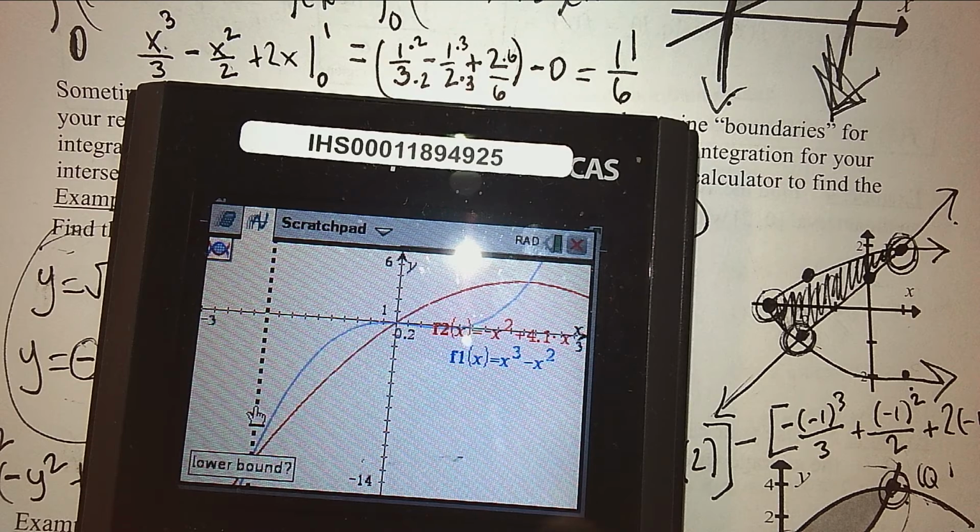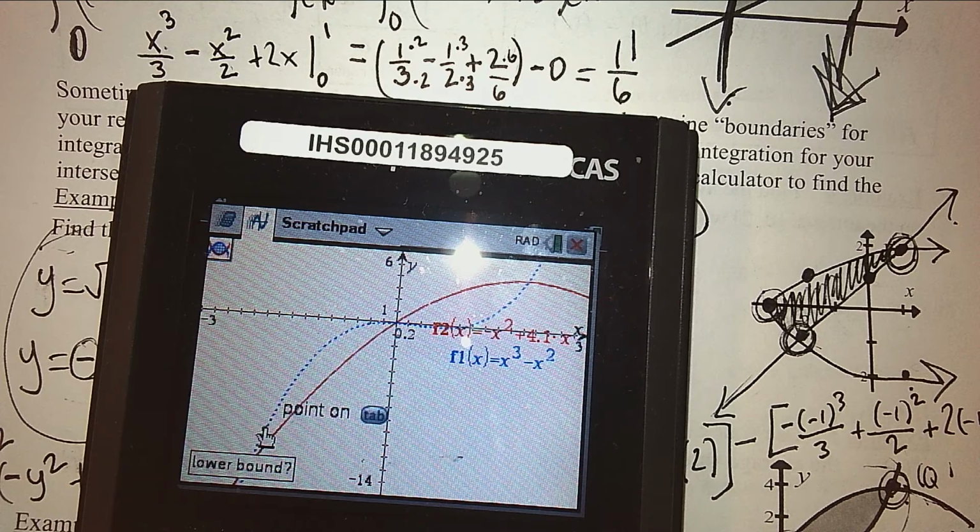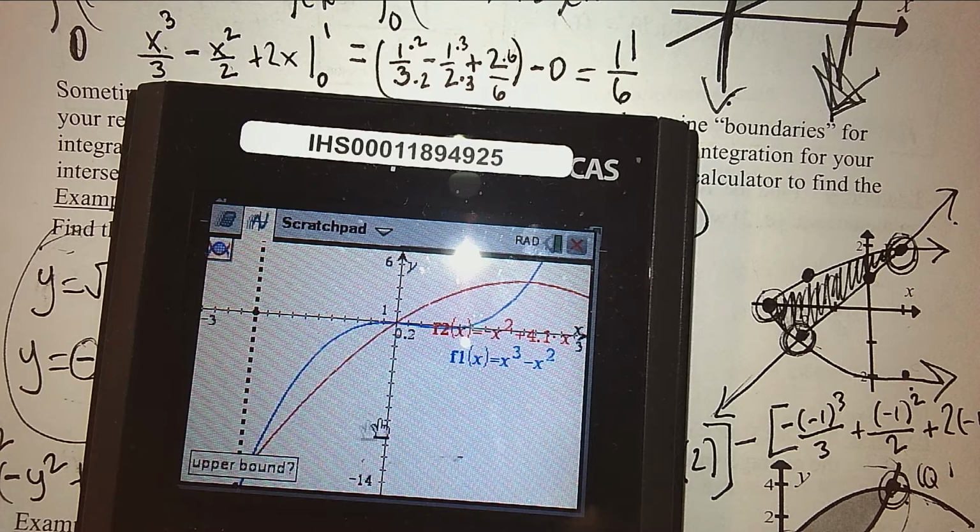Then it says, what should the lower bound be? So I'm going to estimate. Does it know what the lower bound should be automatically? Here, I'm going to go way left. Let's see what happens.